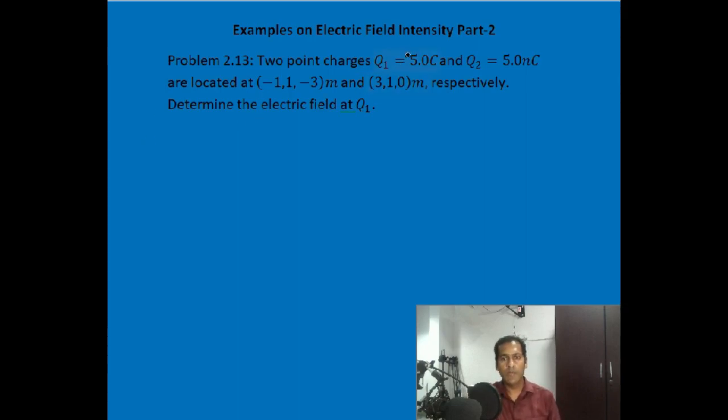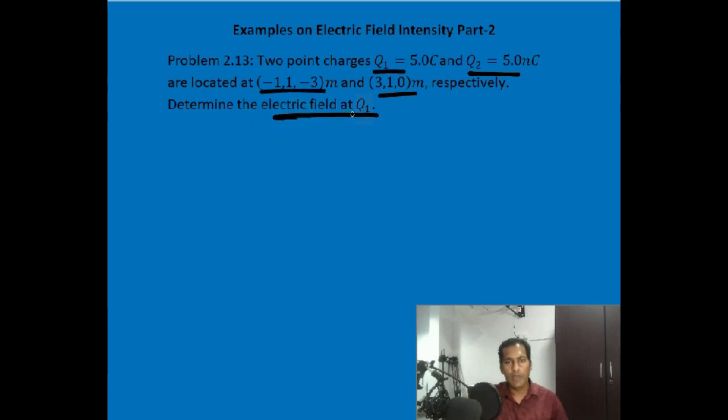In this example, we are given two charges. One is Q1, that is 5 coulombs, and another one is Q2, that is 1 nanocoulomb. Their locations are given in space. Q1 is at -1, 1, -3, and Q2 is located at 3, 1, 0 meters respectively.